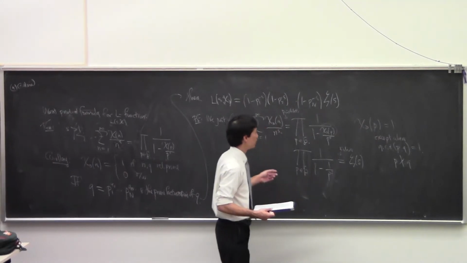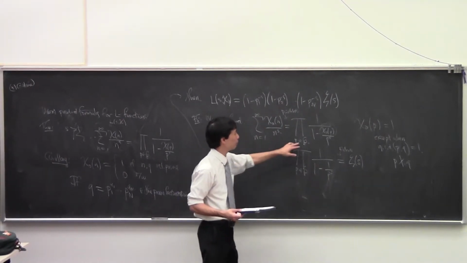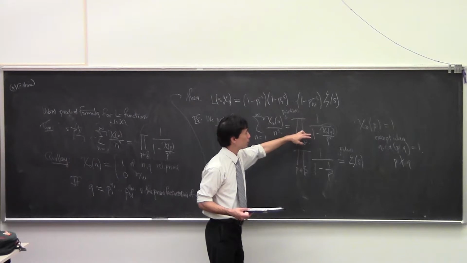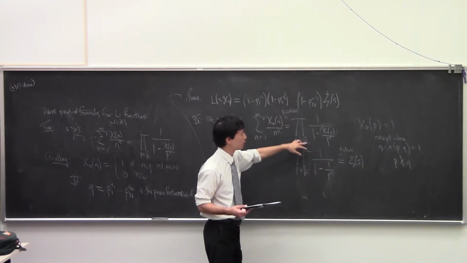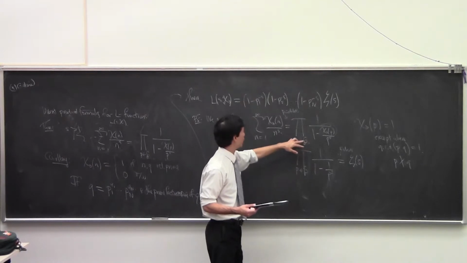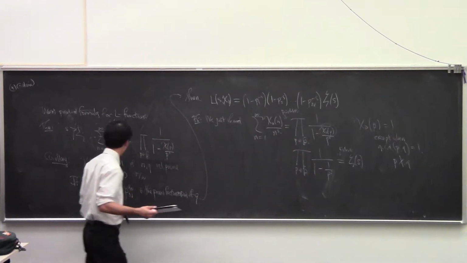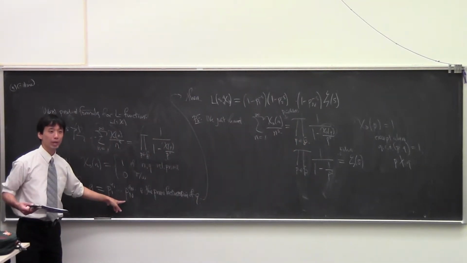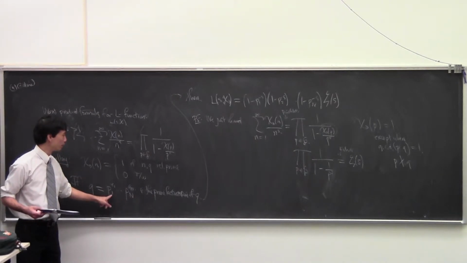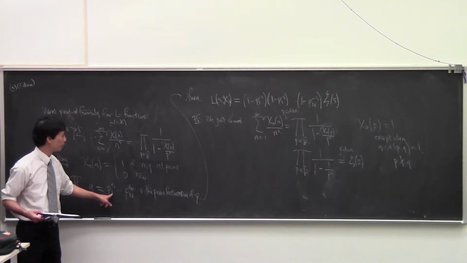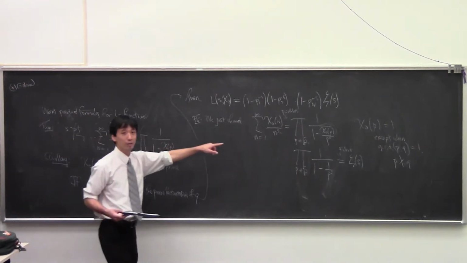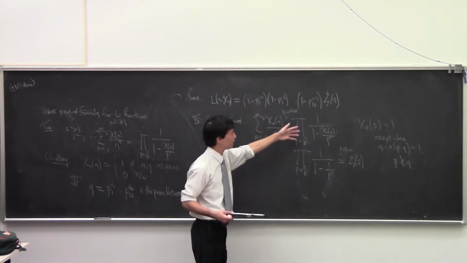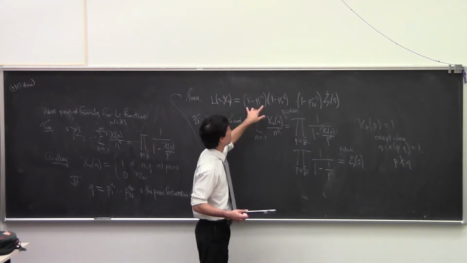So what terms are missing are the terms where p divides q. The terms that are missing are P equals P1, P equals P2, and so on. And so you see that the difference is clear.